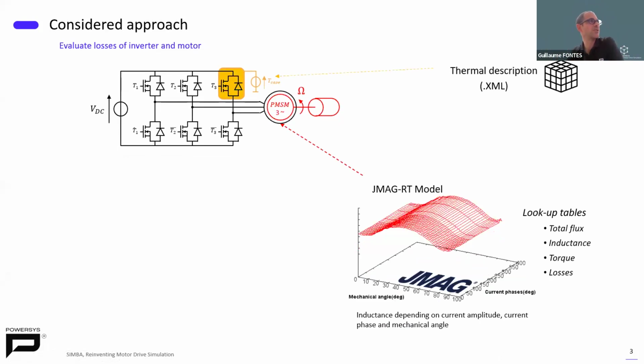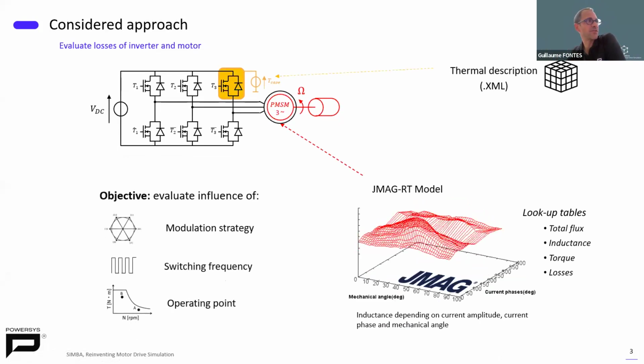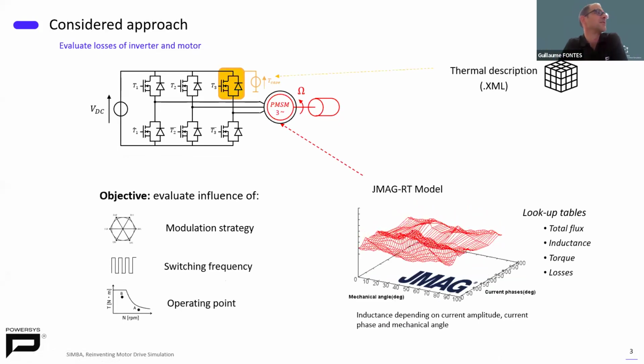And we are going to evaluate the influence of different modulation strategies, 3 modulation strategies in this example, and then different switching frequencies and 2 operating points, one at high torque, low speed, and the second one at high speed, low torque.